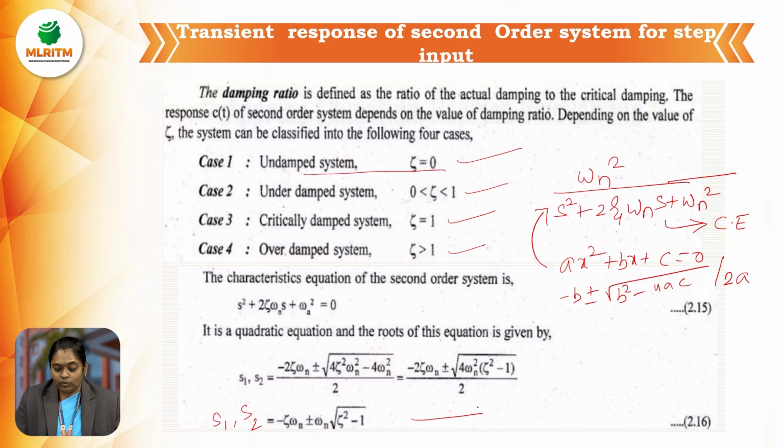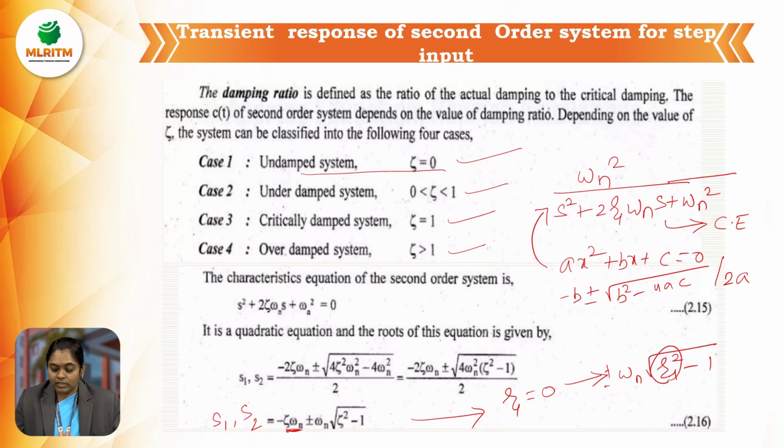Just now I told you that depending upon the zeta value, we have 4 different types of system. If you substitute zeta equal to 0, such a system is called an undamped system. If I substitute zeta equal to 0, the first term becomes 0, and in the second term I get plus or minus omega n root over zeta square minus 1.